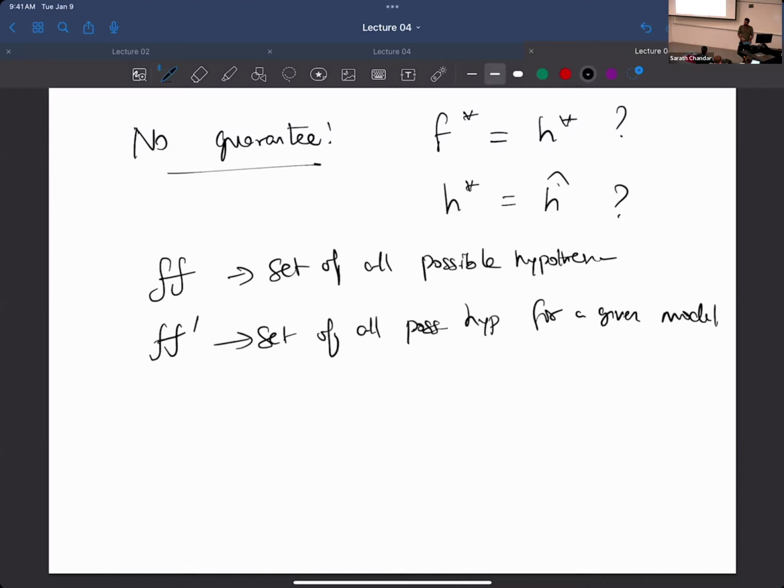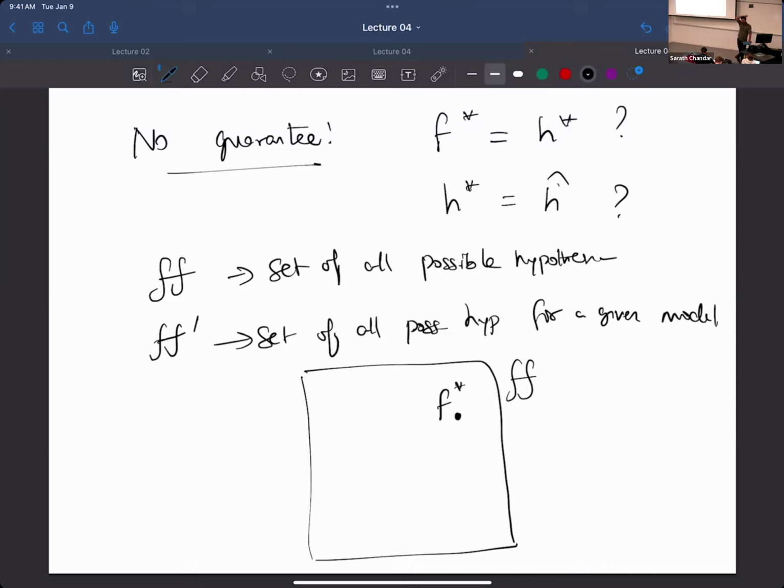Is that clear? Now, this figure that you see here, this is the big H. So it's basically all possible hypotheses that exist in the world, right? Now, the f star that we are searching for is somewhere here, because this is every possible function that exists in the world, right? So my f star should be somewhere here, right?